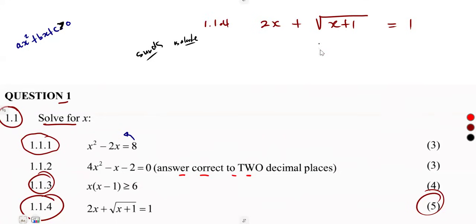So it's going to be square root of x plus 1 is equal to, you take the 2x to the other side. You must get rid of that. So simply subtract 2x. So it's going to be 1 minus 2x. We have isolated the surd on one side of the equation.